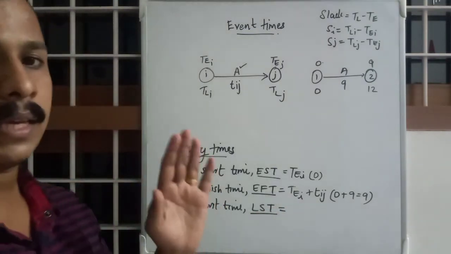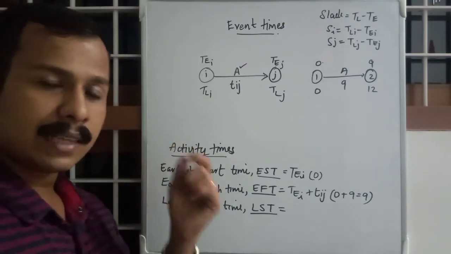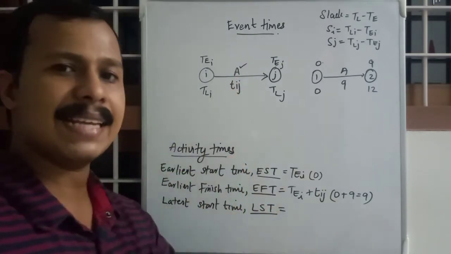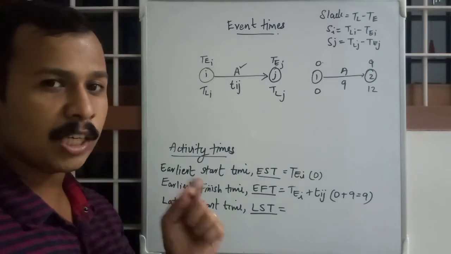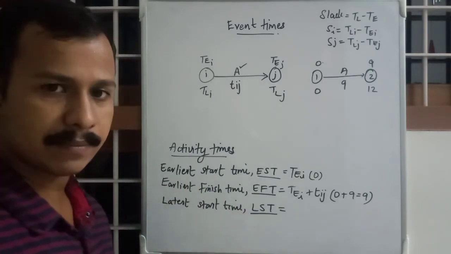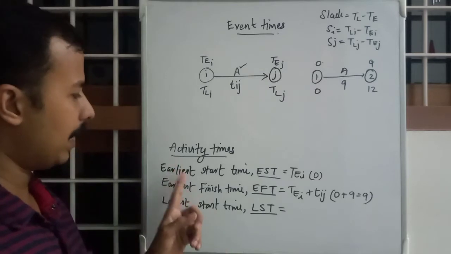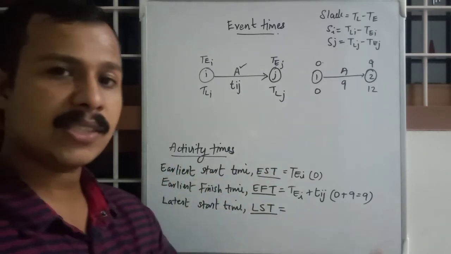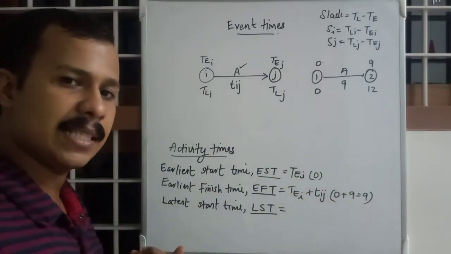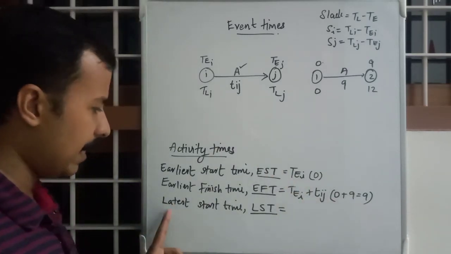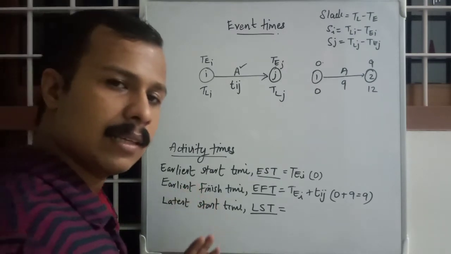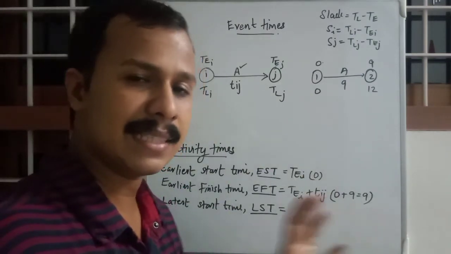Latest start time is the time at which this activity A can be started as late as possible. What will be that time? That is LST. Earliest start time and earliest finish time were all about starting the activity at the earliest possible way, and the latest times are the times at which the activity happens as late as possible.